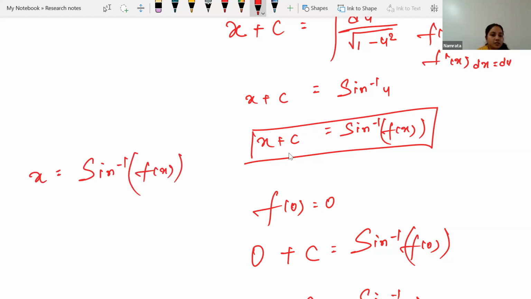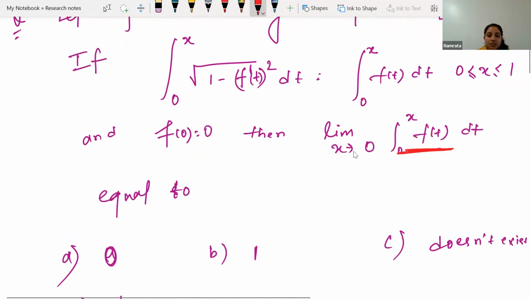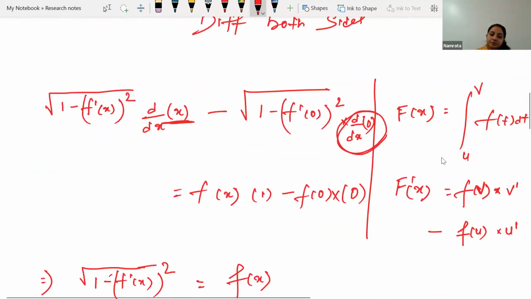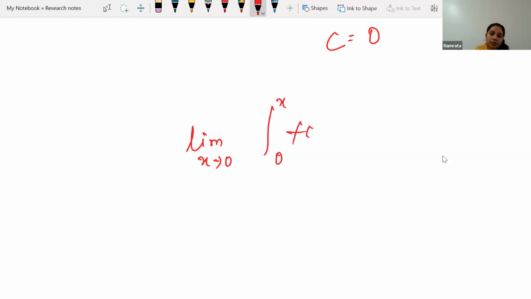Okay, this sine inverse we can just transfer to that side, so on that side it is sine x equals f of x. Okay, f of x we got as sine x. We have to find the given limit. The limit is limit x tends to 0 of the integral from 0 to x of f of t dt.